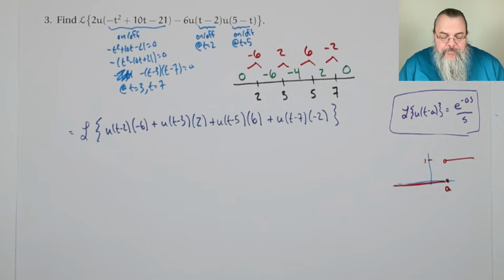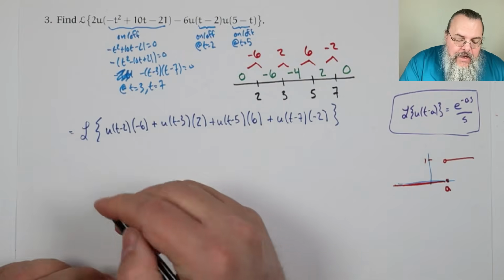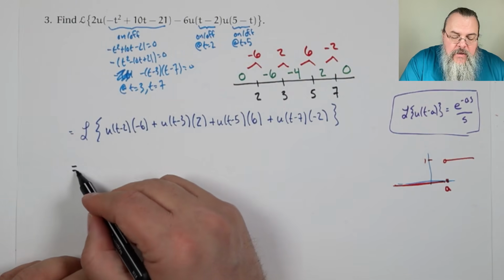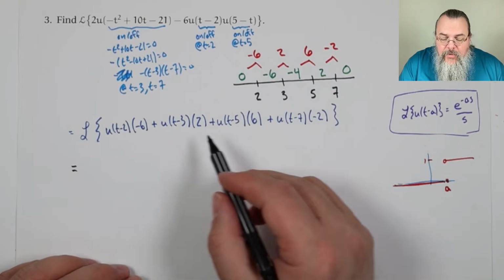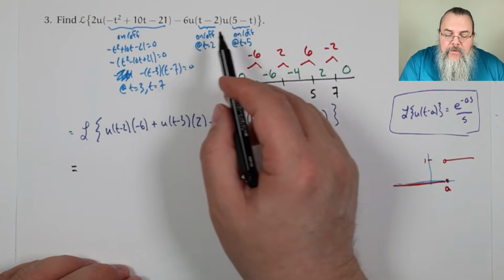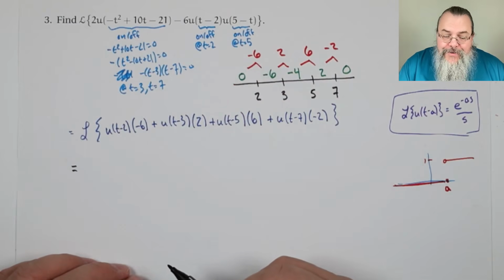All right. Well, now we are in the state where we can write down our answer, because we can use linearity and we can use our nice fact. So the main work in this problem is actually just rewriting it in a nice way, so we don't have products, or some big expression inside of u.